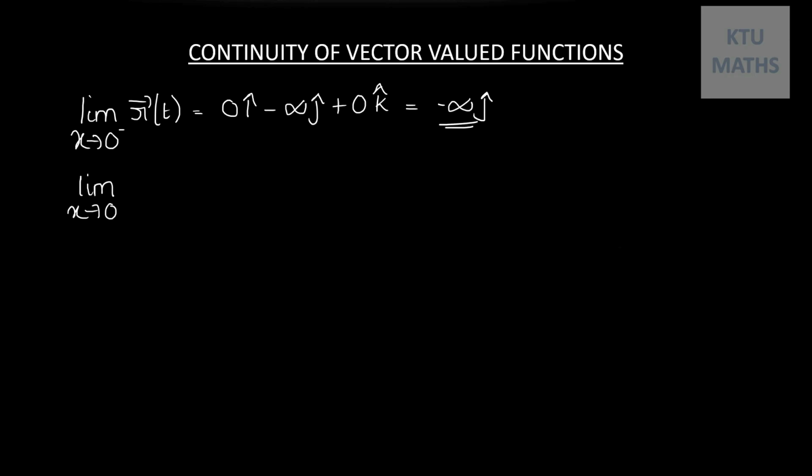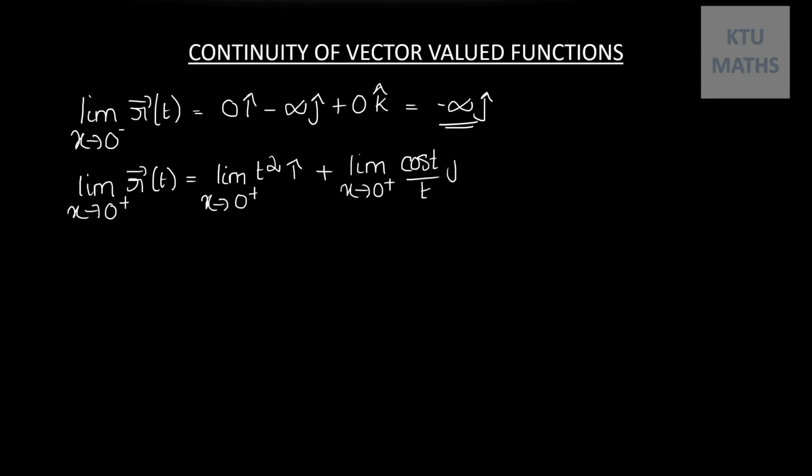Right limit x tends to 0, vector r t will be equal to, put the right limit for each component. Right limit t square i plus right limit x tends to 0 cos t by t j cap plus right limit x tends to 0 t k cap. Here similarly these two terms will be 0.